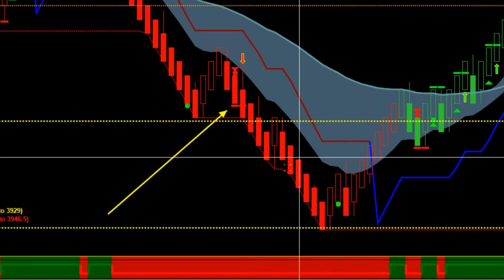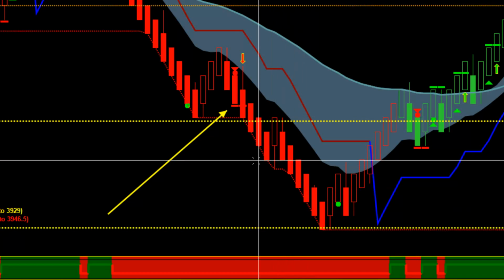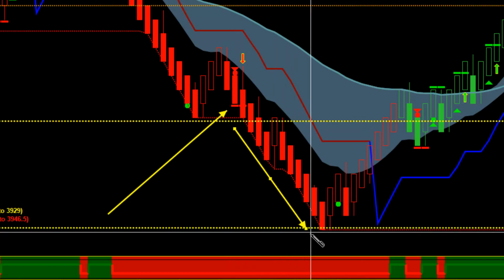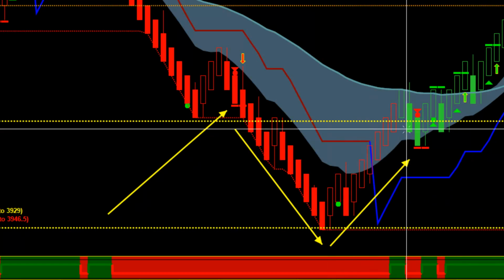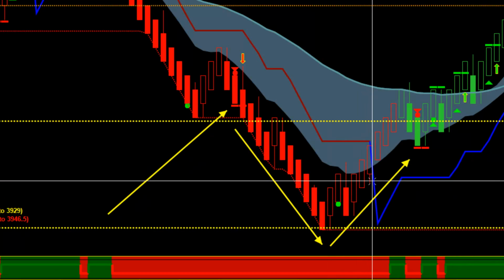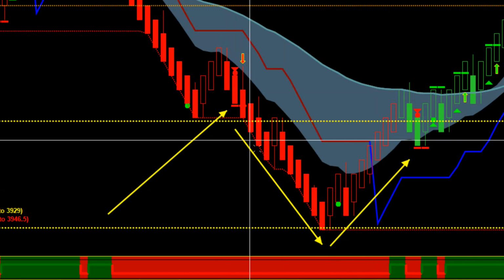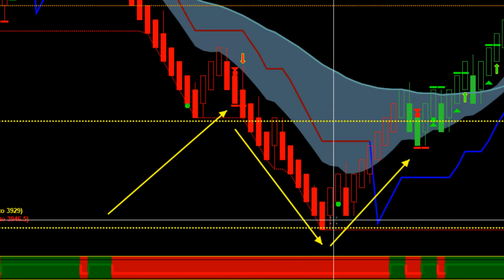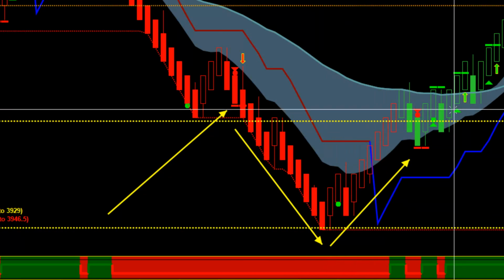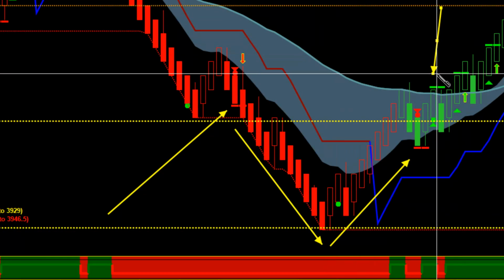Now, you'll see that trend changes. And if you take a close look at this pattern here, I like to call this one the V-shaped recovery on the NQ. Of course, a lot of instruments do this. But we get this bounce down here at the 39.29 level, and then as you can see, we start to turn around. Now, we don't have a trade here.